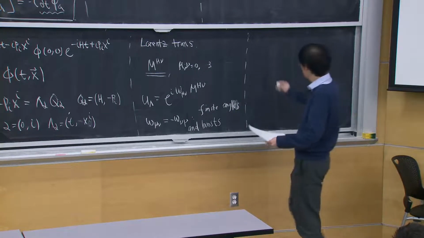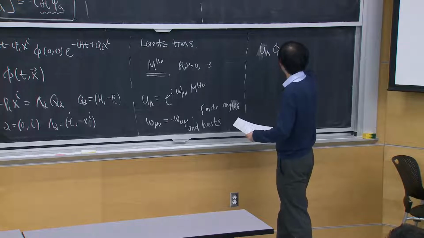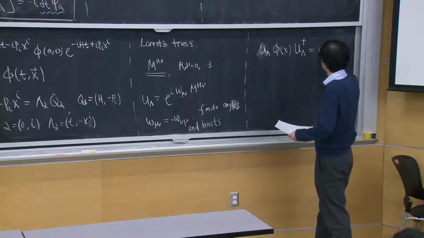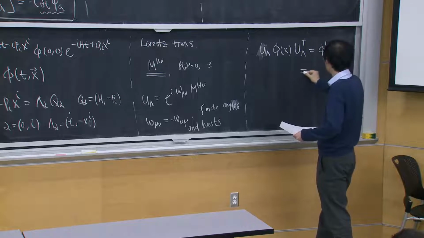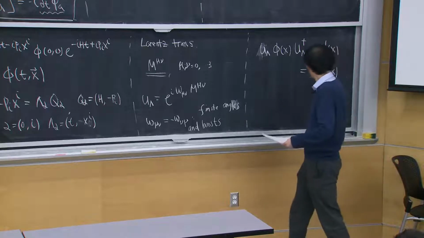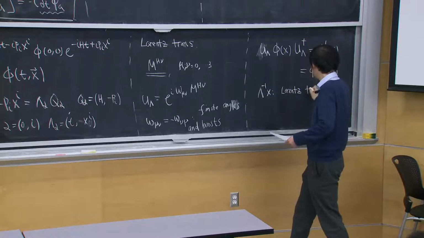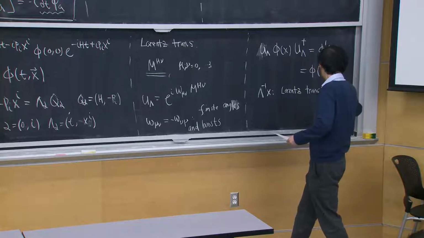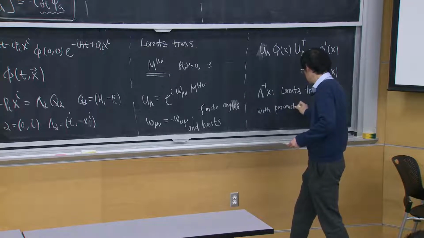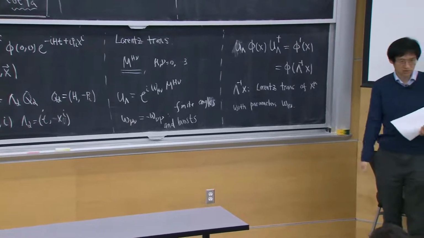And so, for example, if you act with U(Λ) and U(Λ) dagger on φ(x), what you get is φ'(x), and φ'(x) is also the same as φ(Λ^{-1}x). Here Λ^{-1}x is the Lorentz transformation of x^μ with parameter determined by just ω_{μν}. So this capital Lambda is just the corresponding Lorentz transformation.